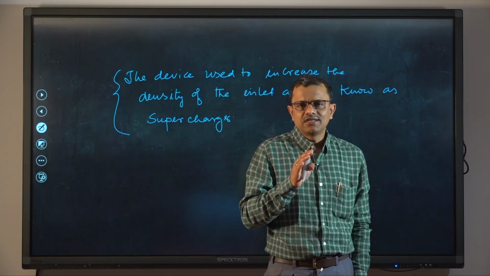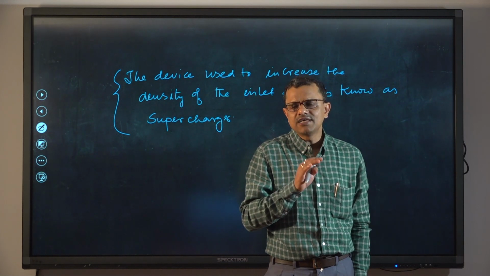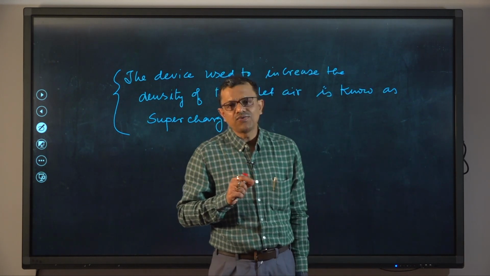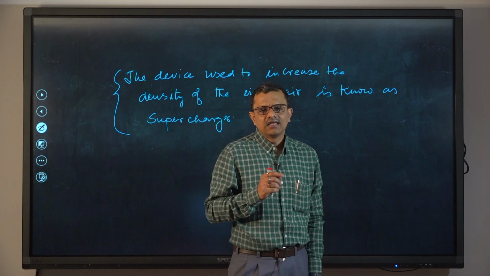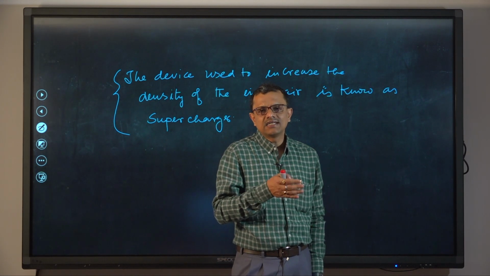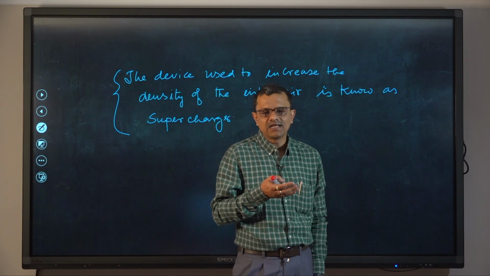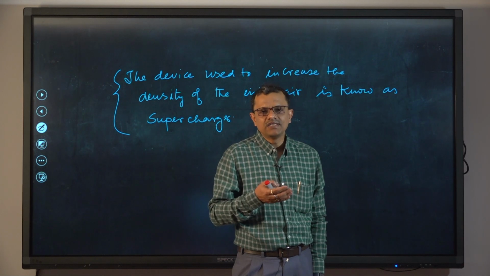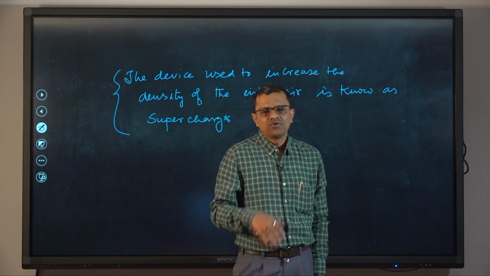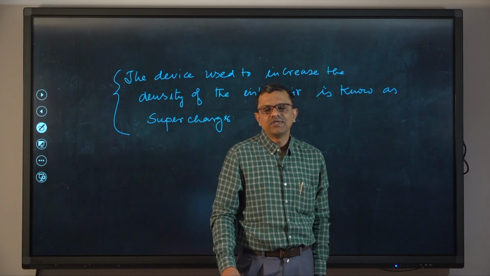So, as I said, the compression ratio is limited or low for SI engines, and hence if we again increase the pressure of the incoming air, the probability of detonation will be more for SI engines if we use supercharging.